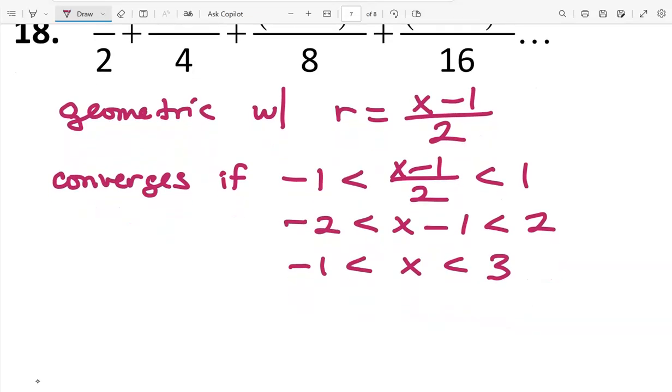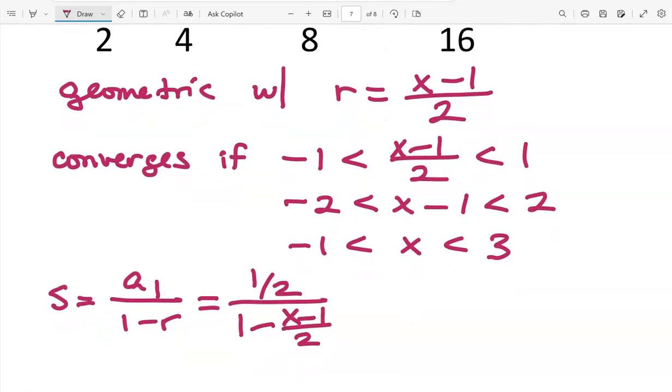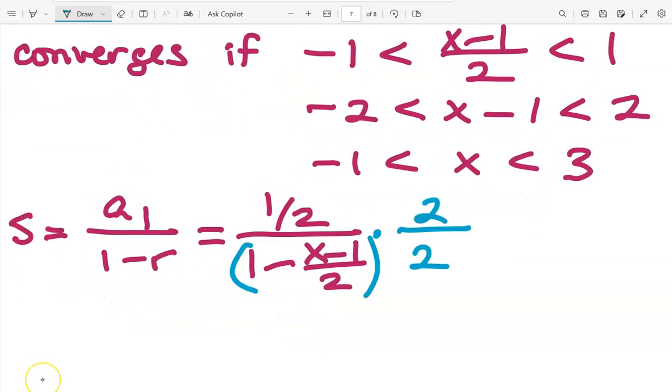The sum of this infinite geometric series is the first term divided by 1 minus the ratio if the series is convergent, and our first term is 1/2, and the ratio is x minus 1 divided by 2. In order to simplify this complex fraction, we can multiply the fraction by 2 over 2, which gives us the result of 1 divided by 2 minus the quantity x minus 1.